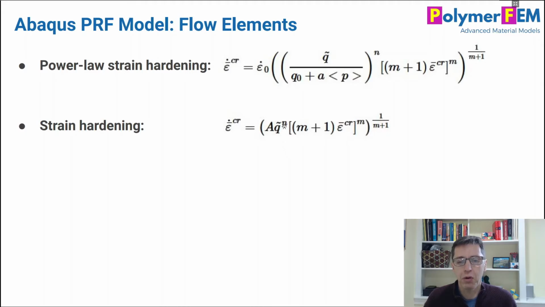You raise that to a power n. And n is typically of the order of 10 or so, perhaps even higher, that power exponential. A is a parameter that is a prefactor that needs to be such that you get either no creep or relatively high creep as the stress reaches a value of Q tilde.